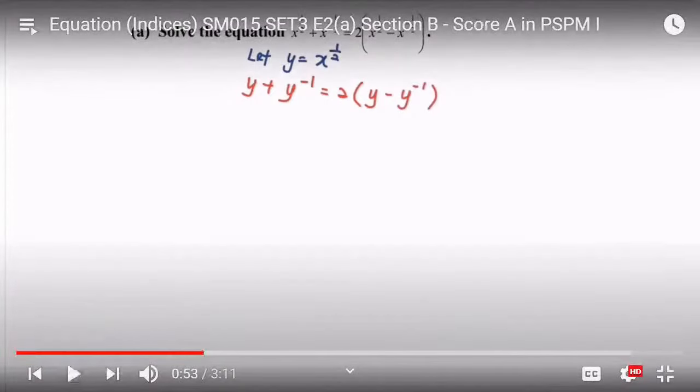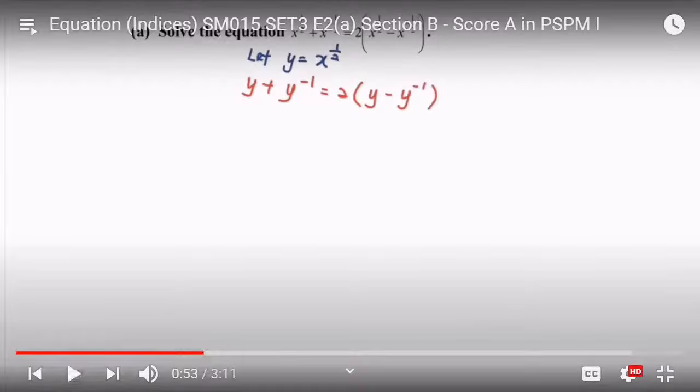So, let the situation y is equal to x to the power of 1 over 2. So, we can replace or substitute the situation and it will become y plus y to the power of negative 1 equals to 2 multiplied with y minus y to the power of negative 1. So, rewrite the situation. Boleh? So, jangan risau. Ini hanya cadangan soalan.